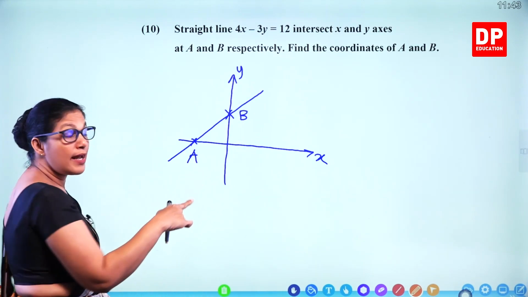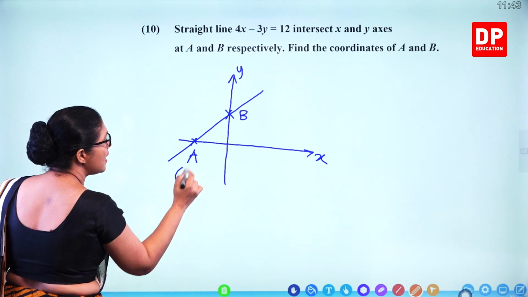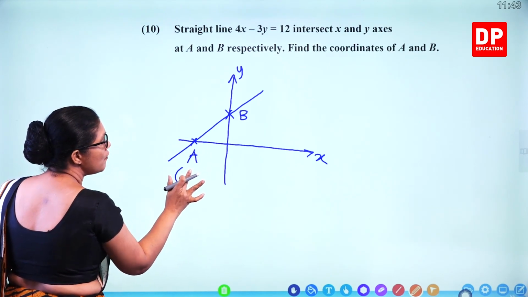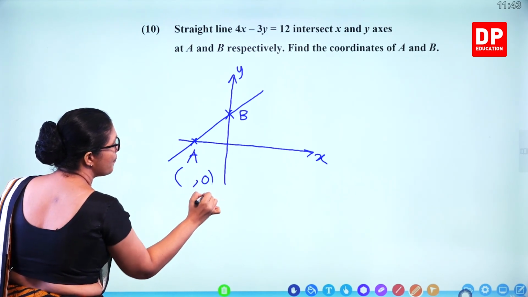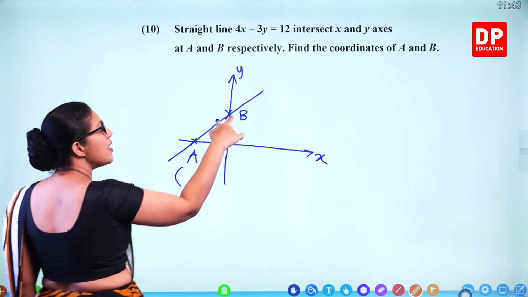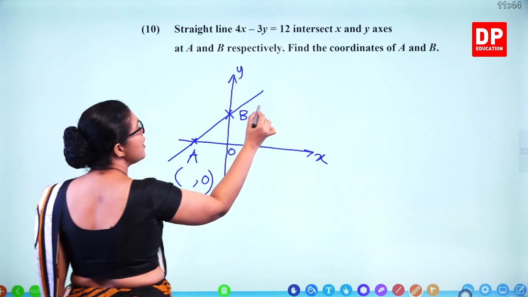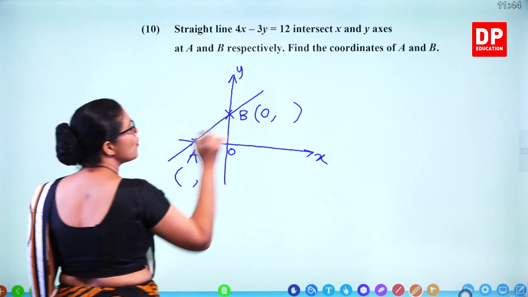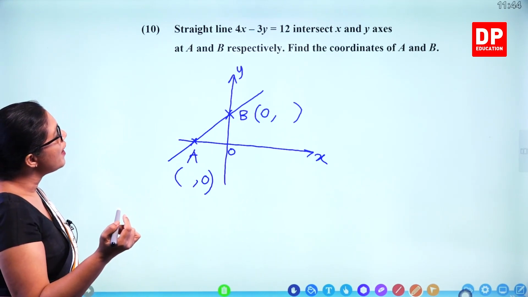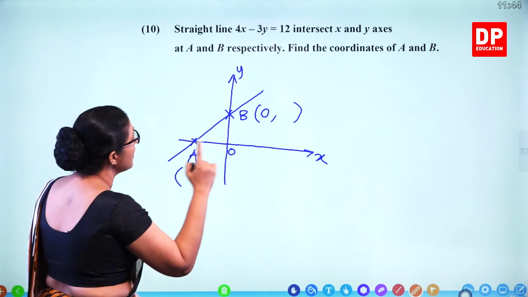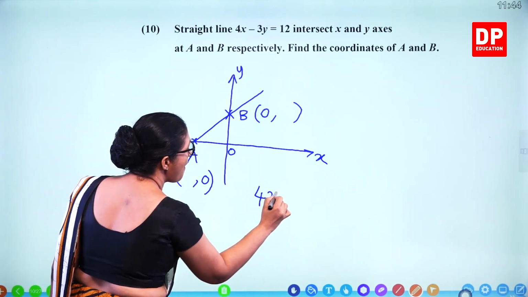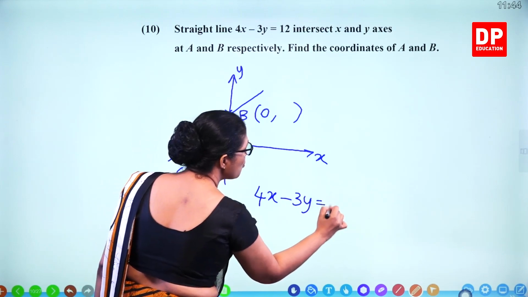So what's the coordinate of A? The x coordinate here we don't know, but the y value is 0. We have to find the x coordinate. When you consider B point, x is equal to 0, but we need to find out the y value. How do we find out? We can take the equation 4x minus 3y equals 12.